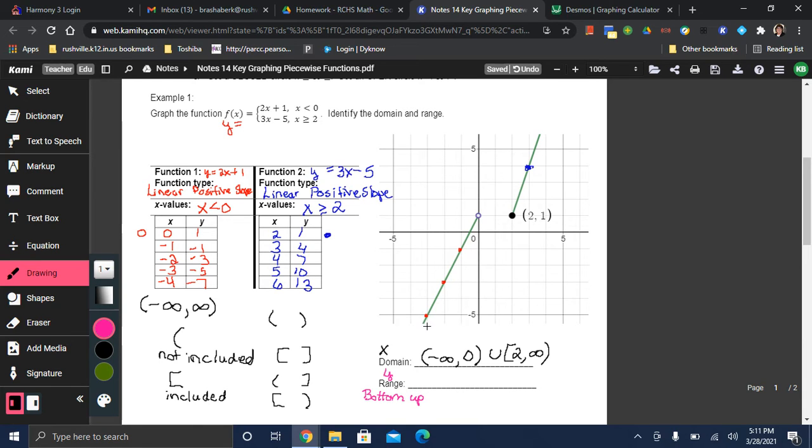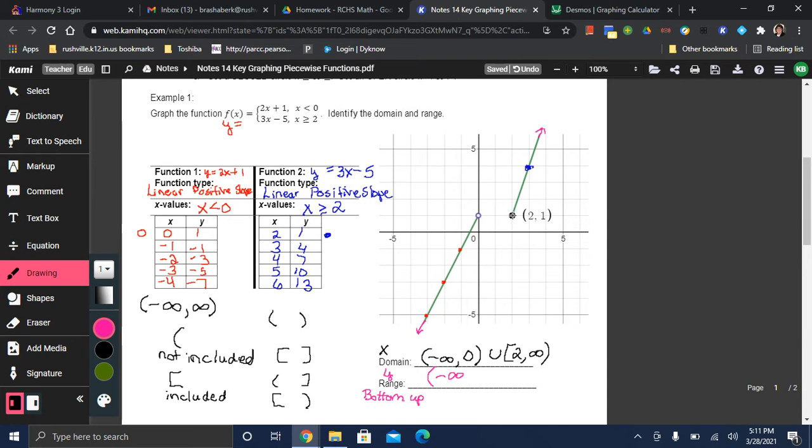And so at the bottom of this graph, you see that this graph is continuing. It would continue on and on here. And as we go up, this graph is going to continue on and on here. So from the bottom up, we can see that it goes on to negative infinity. And then it looks like our graph stops when it gets up here to this 1 value because it has this open circle. But that's when this one takes over.